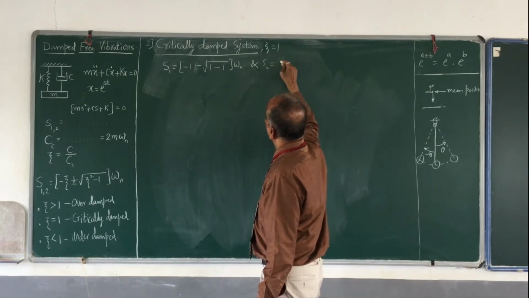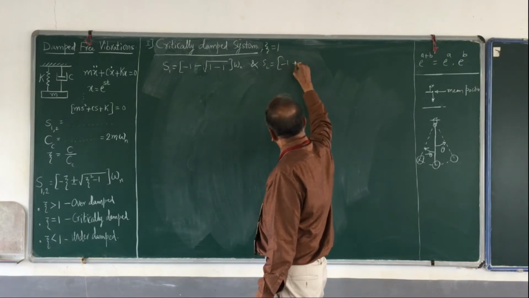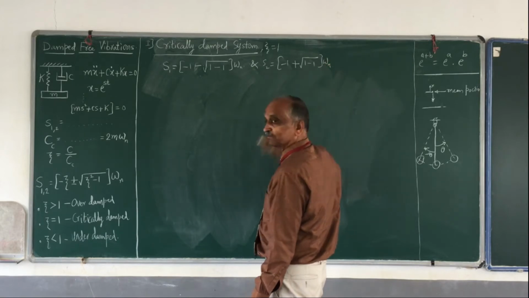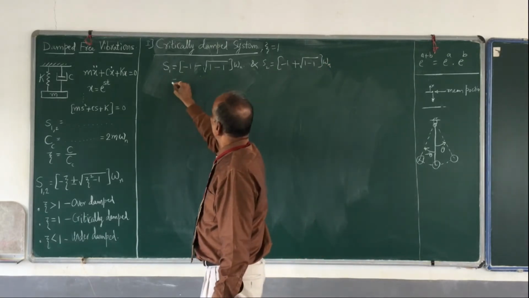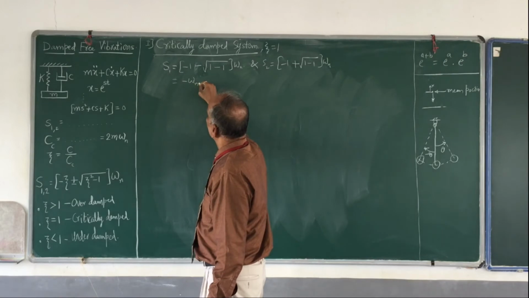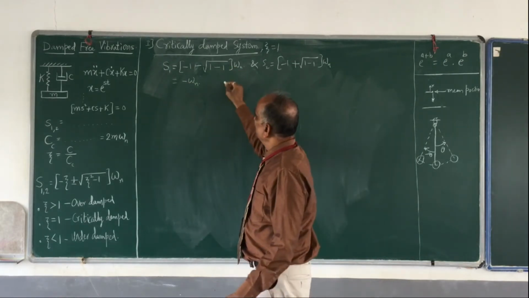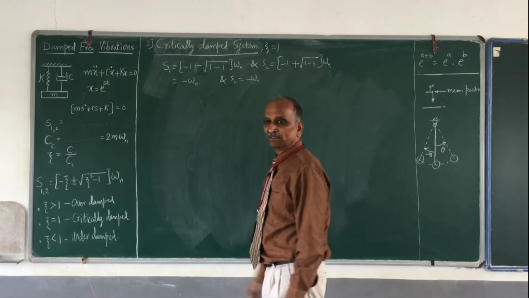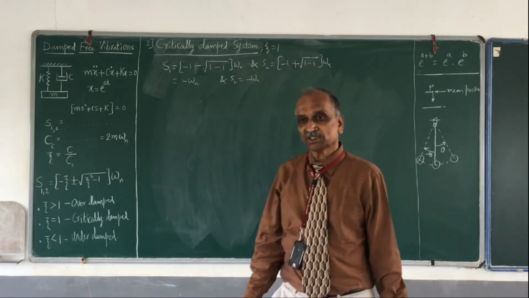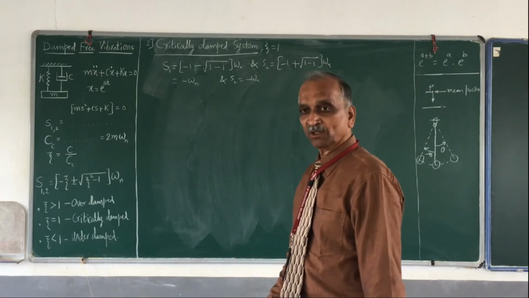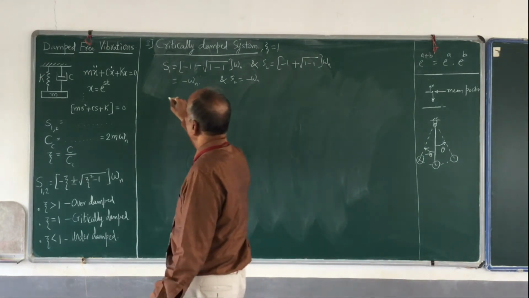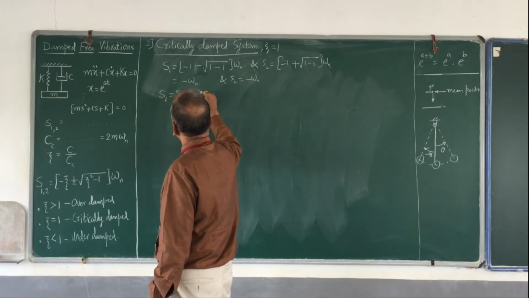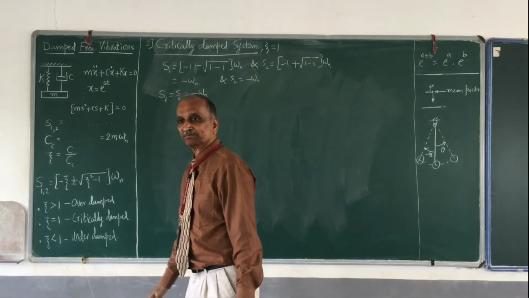S2 is equal to minus 1, it is plus sign, root of 1 minus 1 multiplied by omega n. So what is S1? S1 is minus omega n. And what is S2? S2 also is equal to minus omega n. So therefore S1 and S2 are coinciding, are one and the same. Therefore I can say that S1 is also equal to S2 is also equal to minus omega n.